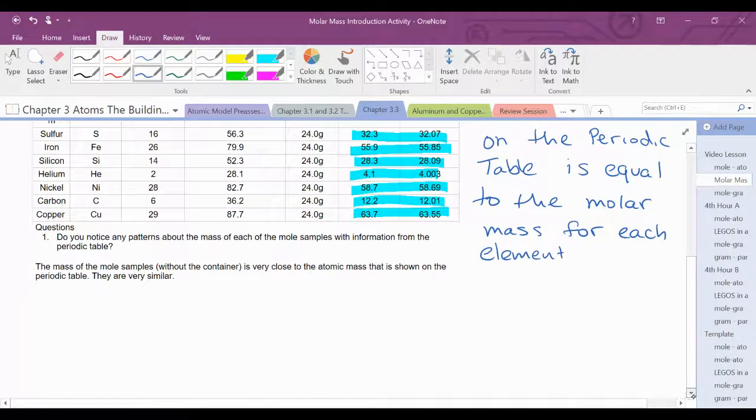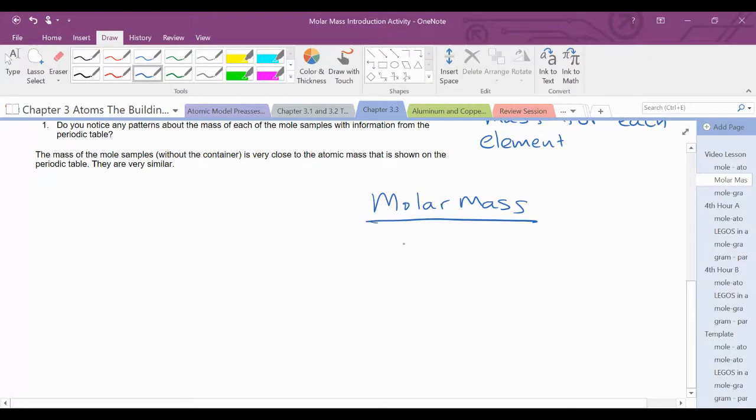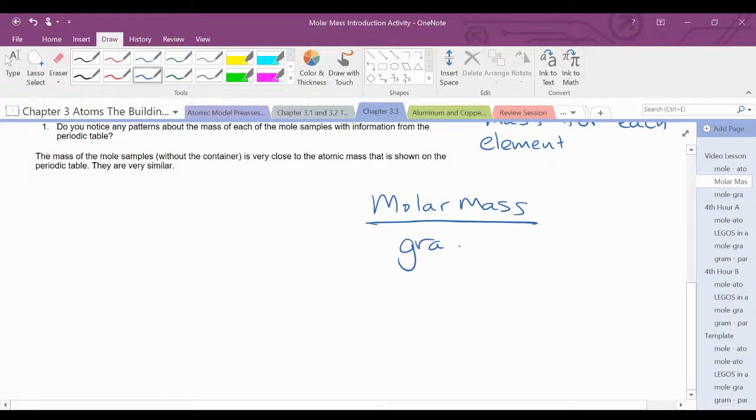So molar mass is how many grams per 1 mole of the sample.